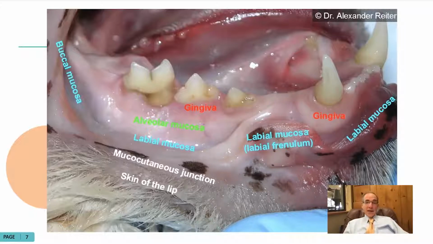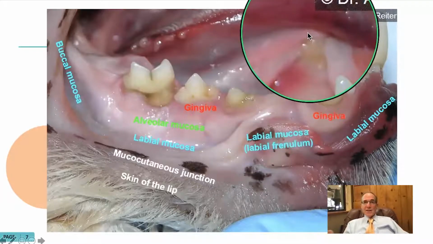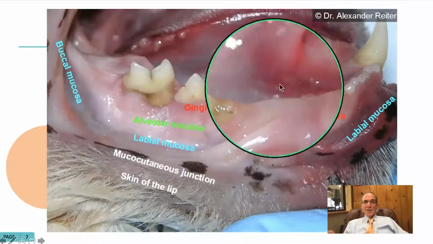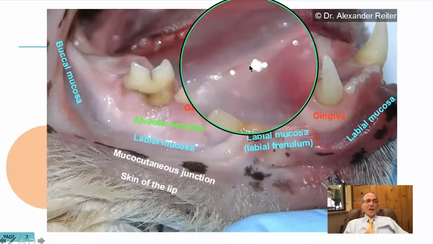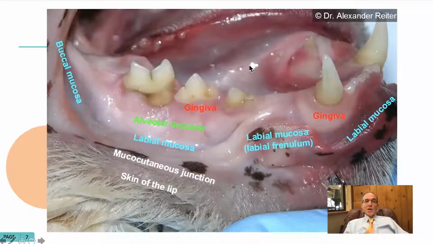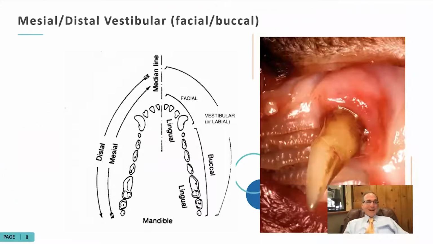It does not. It is a normal structure. And the frenulum attaches the lip to the lower jaw. And there's quite a few frenula. There's a frenulum underneath the tongue that attaches the tongue to the lower jaw also. So don't cut those.